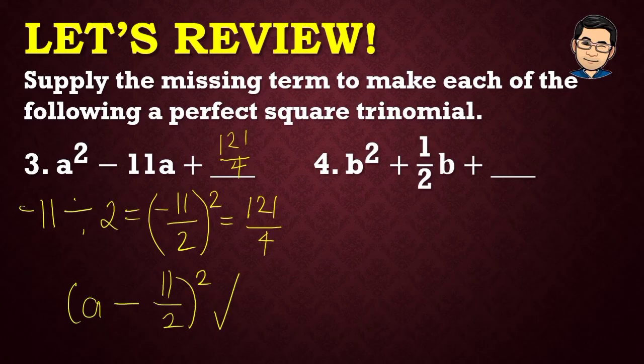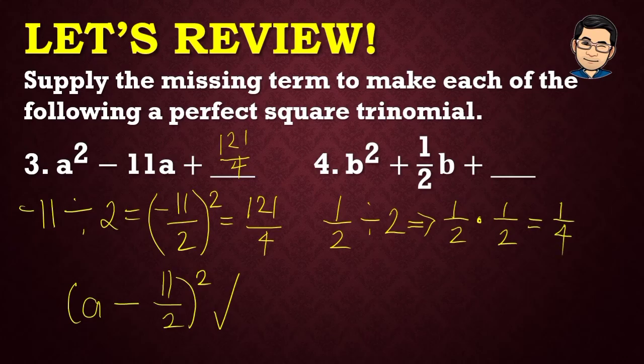Last but not the least, the middle term is a fraction. So we have 1/2 divided by 2. We take the reciprocal of the divisor and proceed to multiplication. It becomes 1/2 times 1/2, and that is 1/4.